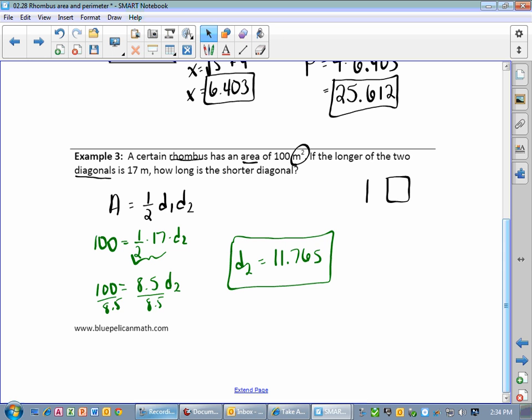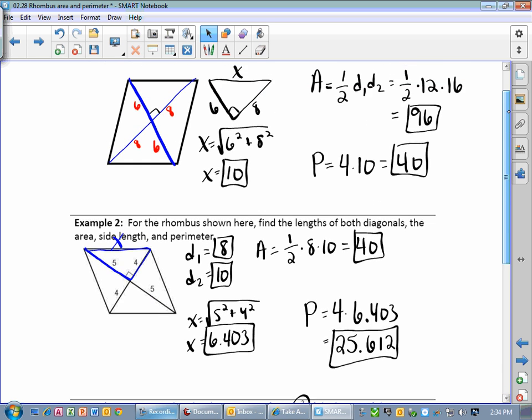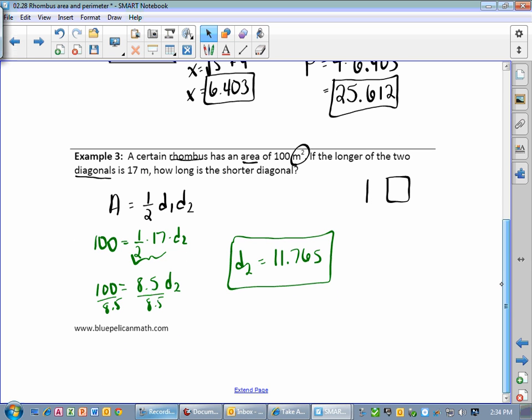All right, any questions on those 3 examples? The rest of the problems are similar to those. Are there any questions? Couldn't read my writing or anything? Wait, can you go down? That's as far as it goes down. Well, isn't that only half of the shorter diagonal? So wouldn't you have to times it by 2?